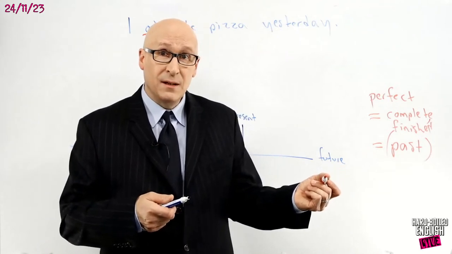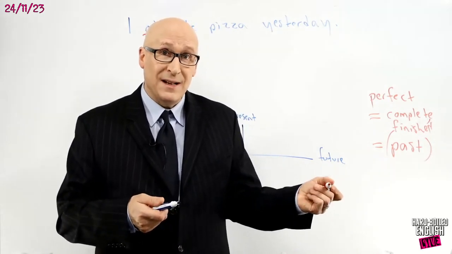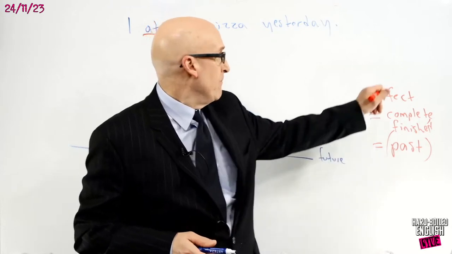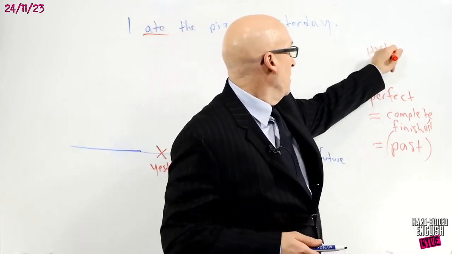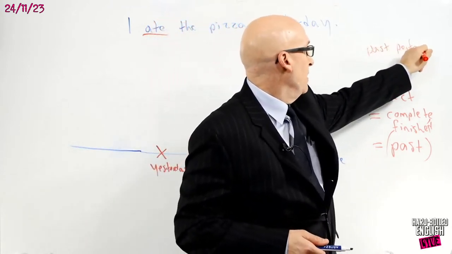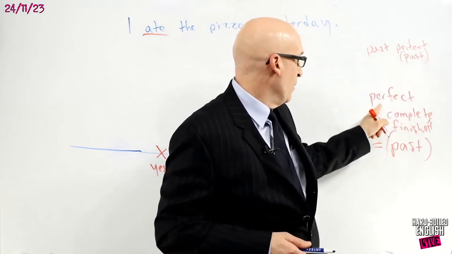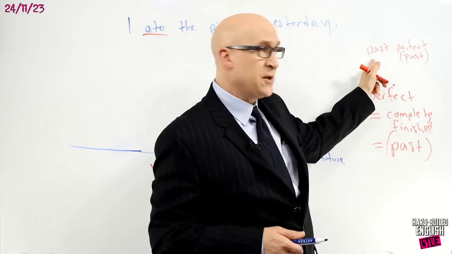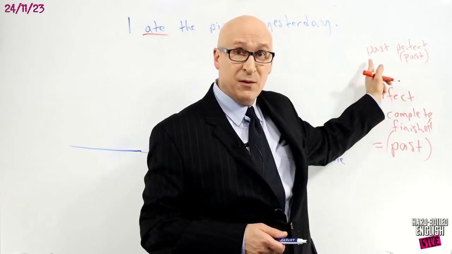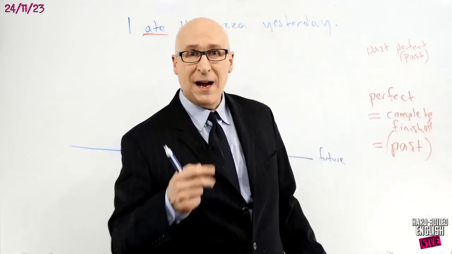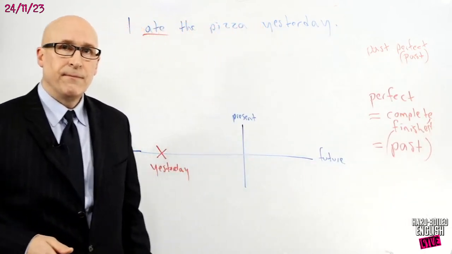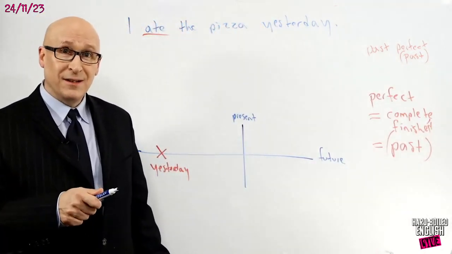It means past past. And if perfect equals past, then this grammar that we call past perfect really means past past, 2 pasts. And that tells us how to use it.